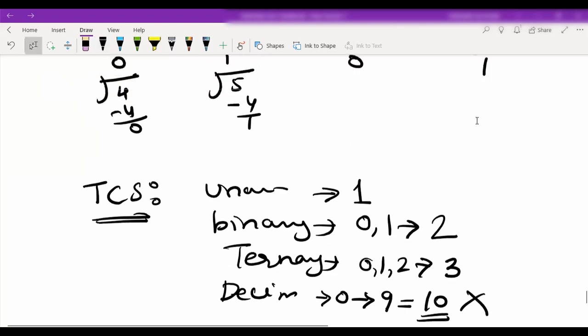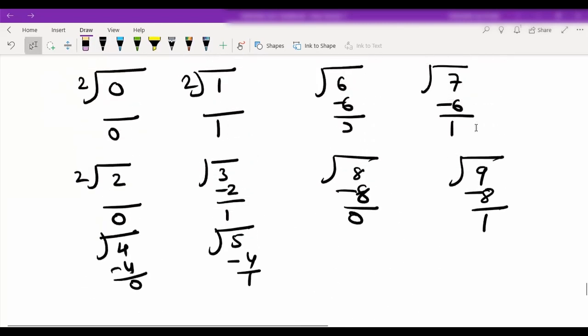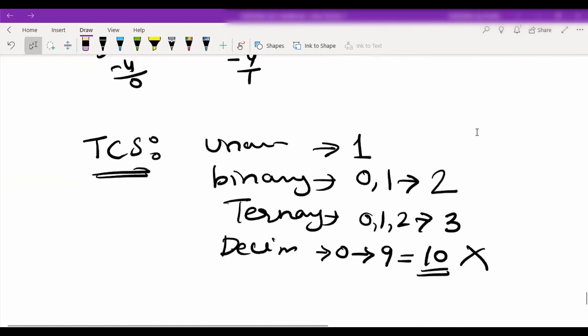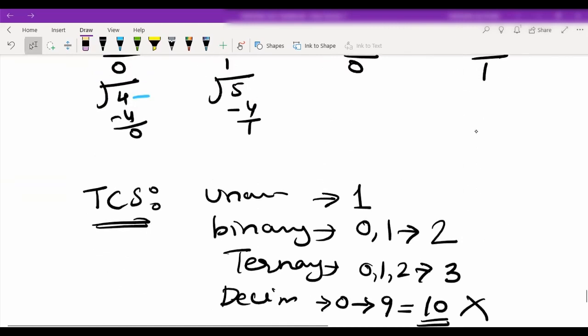Instead of that, we are going to use a shortcut method. What kind of shortcut method is that? We are going to club together all the numbers which generate the remainder 0. Otherwise, we would have to design 10 tapes. So instead, I can combine the remainder 0 numbers together.